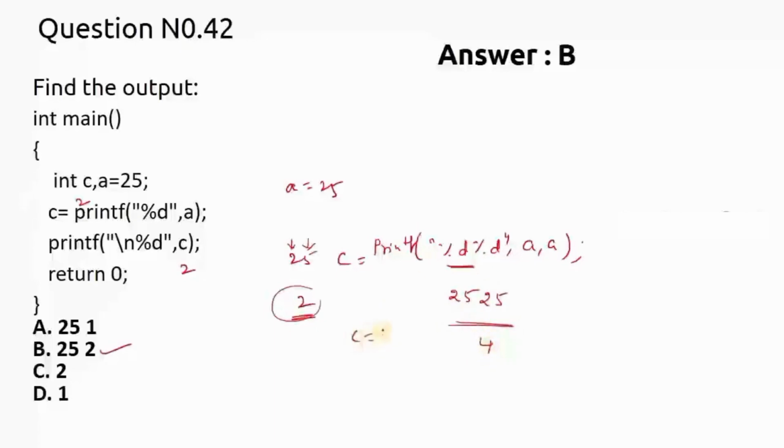So c equals 4. Like this it will consider. Now if you add something like \n, then 4 plus 1, your c value will become 5. Like this it will consider whenever you write a statement like this. So assigning a printf statement to a variable, this is the procedure, and like this you can find.